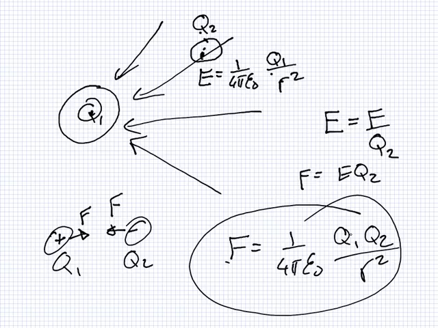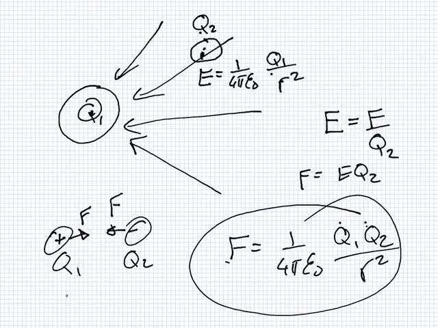You can see that if you make one of the charges, or even both charges bigger, you get more force. If you put the charges closer together, more force, because R is smaller. This formula gives you the force on both.